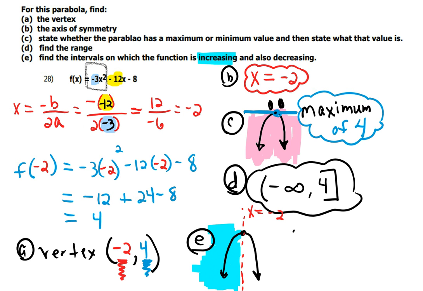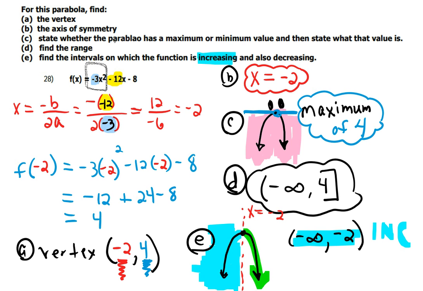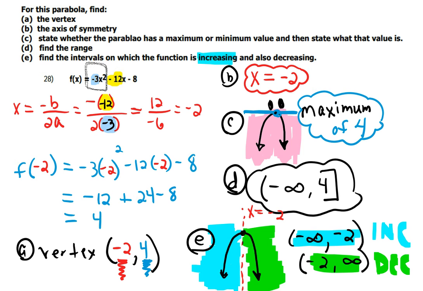And that would be from negative infinity up to the -2, but don't include it, okay? That is my increasing. And then the graph is decreasing over here. So to the right of the -2 is where it's decreasing. So that would be from -2 to positive infinity. That's that part, and that's decreasing.